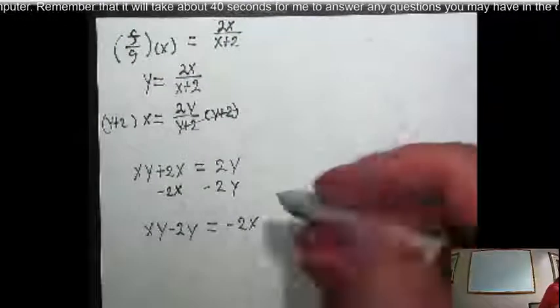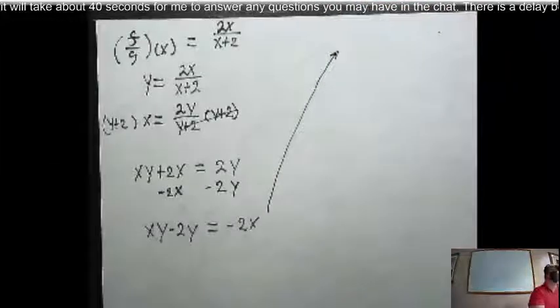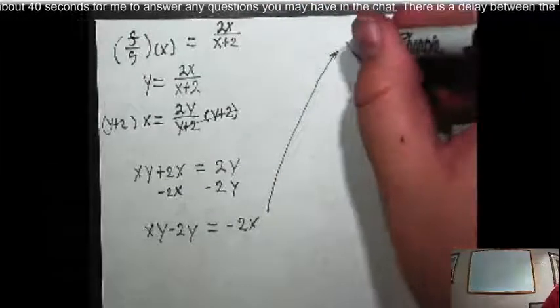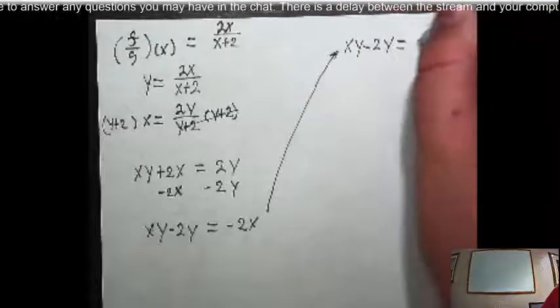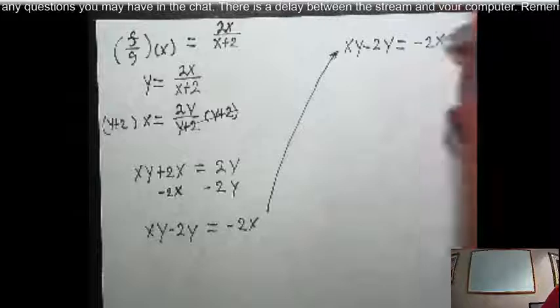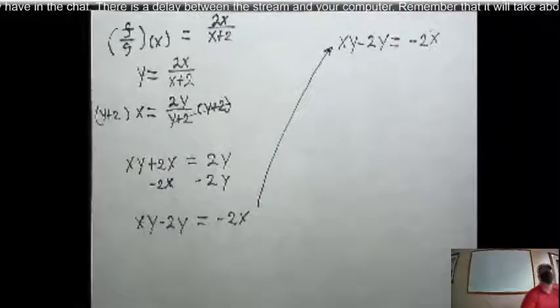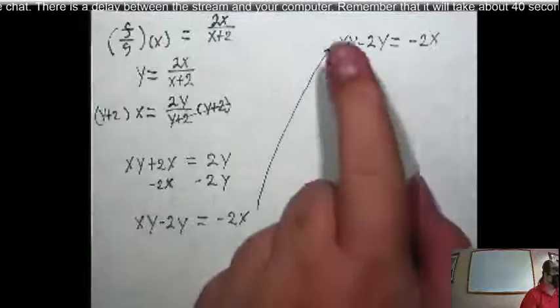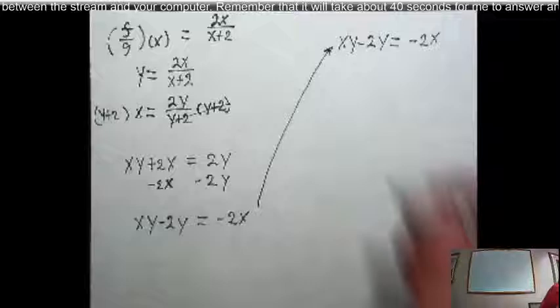And I'll come up here with this one. So xy minus 2y equals negative 2x. I see that we have y's in common on both of these, so I can factor a y out of that.